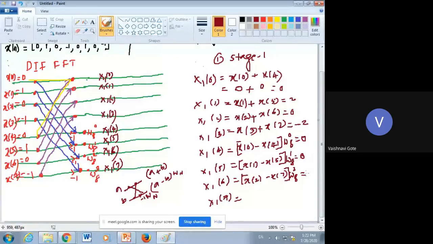Sorry, it is x of 6, not 7. So x of 2 is 0 and x of 6 is 0, so the value is 0 again. Then next is x of 3 minus x of 7 multiplied with omega 8 to the power 3, which is equal to 0. Again the answer is 0.